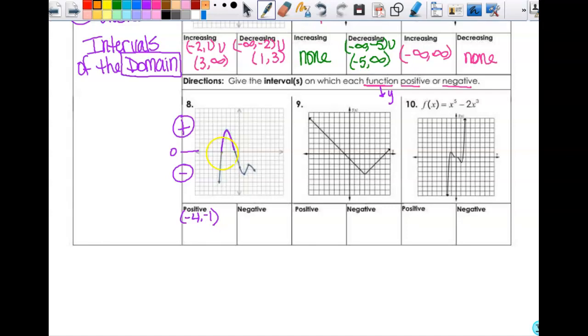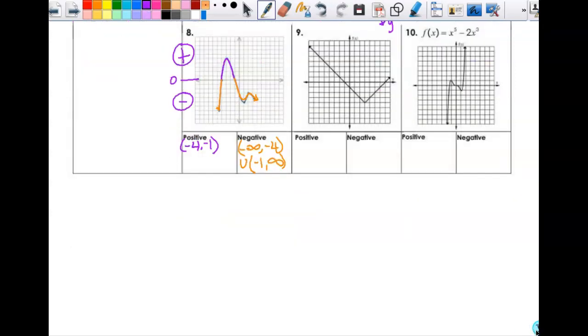Then it's negative. I'm below the x-axis here, and all of that, right? So I'm negative from negative infinity to -4, and then from -1 to infinity. All right? So why don't you pause and try and do 9, and then we'll talk about these.